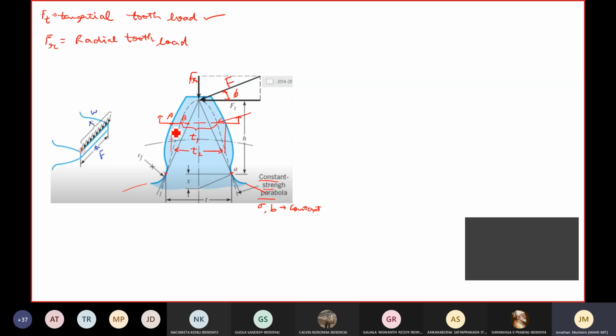Whereas if you cut the outer part, you will have T2. One thing is very obvious: T2 is greater than T1. So this knowledge we have.